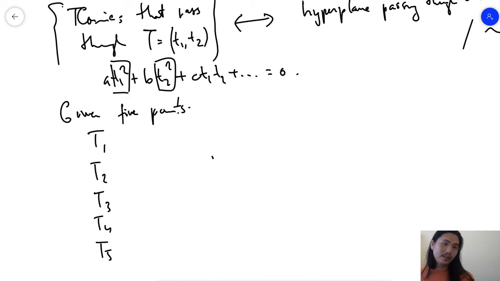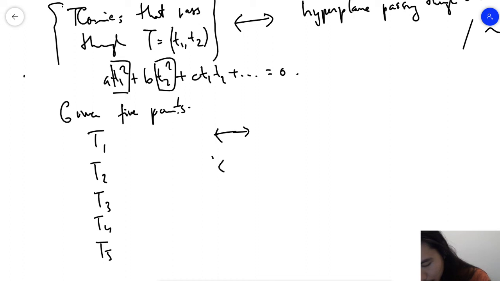In general, the answer is yes, because if such a conic exists, it must lie in the collection of all conics that pass through T1, and conics that pass through T2, and conics that pass through T3, and so on.